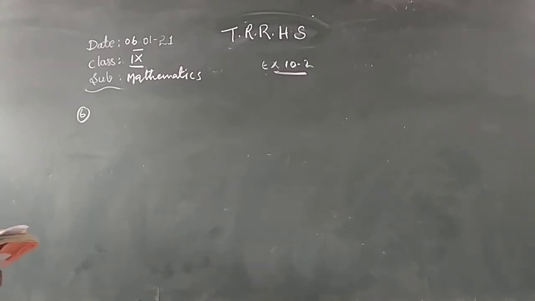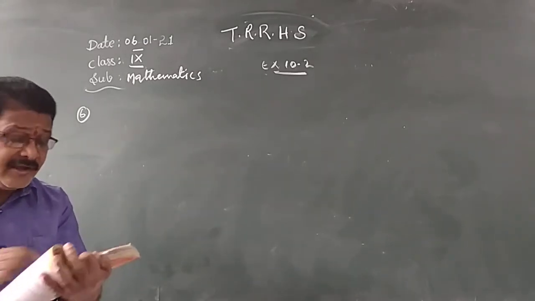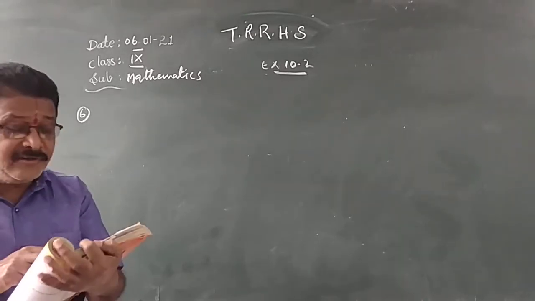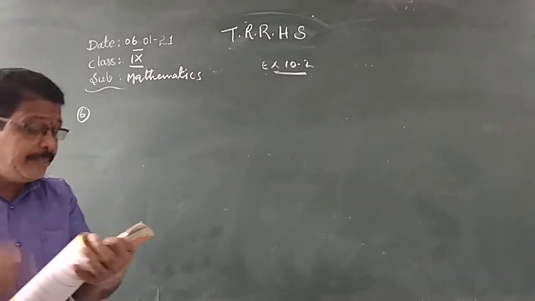A cylindrical pillar has a diameter of 56 centimeters and is of 35 meters height. There are 16 pillars around the building.